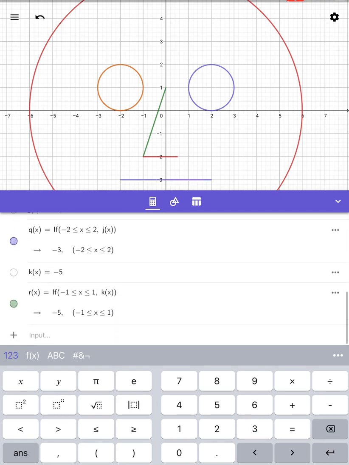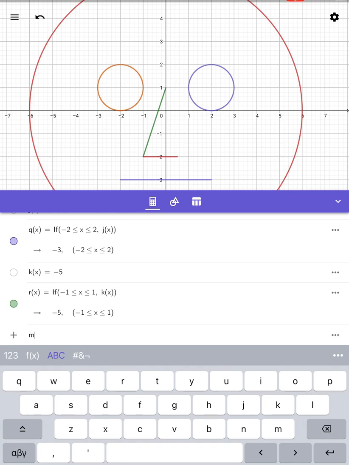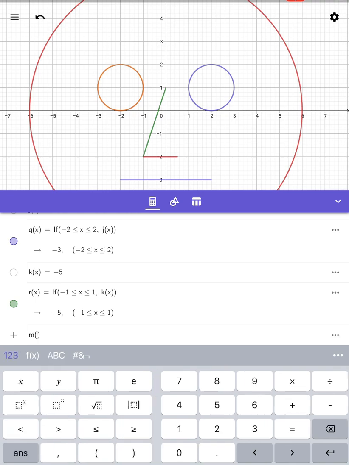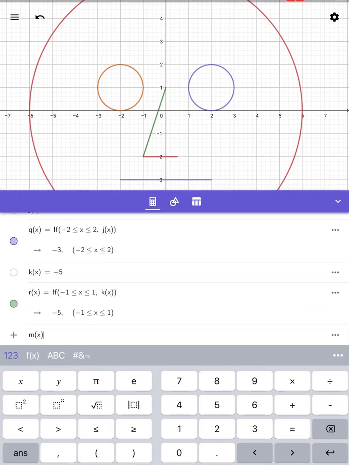Okay, let's use a new one. Let's use MX. M is definitely not being used. MX was -2x minus 7. Okay, now there's the mouth.